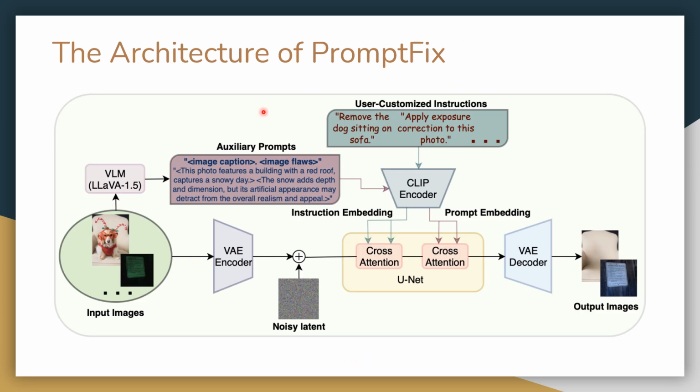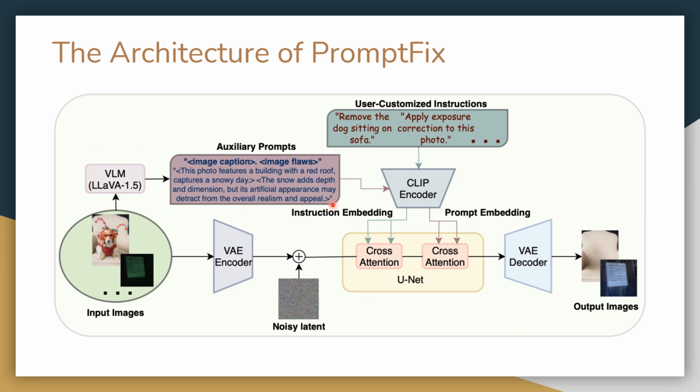PromptFix is an all-in-one instruction-guided diffusion model designed for low-level image processing tasks. Recently, the Stable Diffusion model has demonstrated exceptional performance in high-level image processing tasks, such as image generation, and has shown remarkable controllability through human instructions. PromptFix aims to transfer these capabilities to low-level tasks by fine-tuning the Stable Diffusion model on extensive low-level task datasets, enabling it to restore various types of image degradation while allowing control via text prompts.